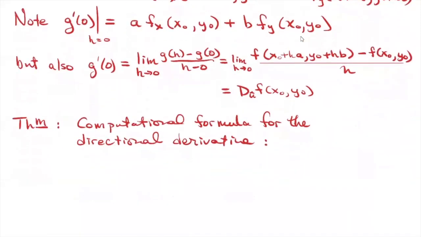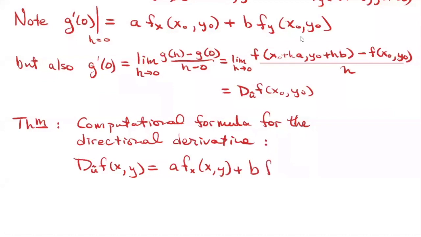Okay, and it's just du f at x naught, y naught, and we don't need the naughts now. Let's just say f of xy is a f at x at xy plus b fy at xy.